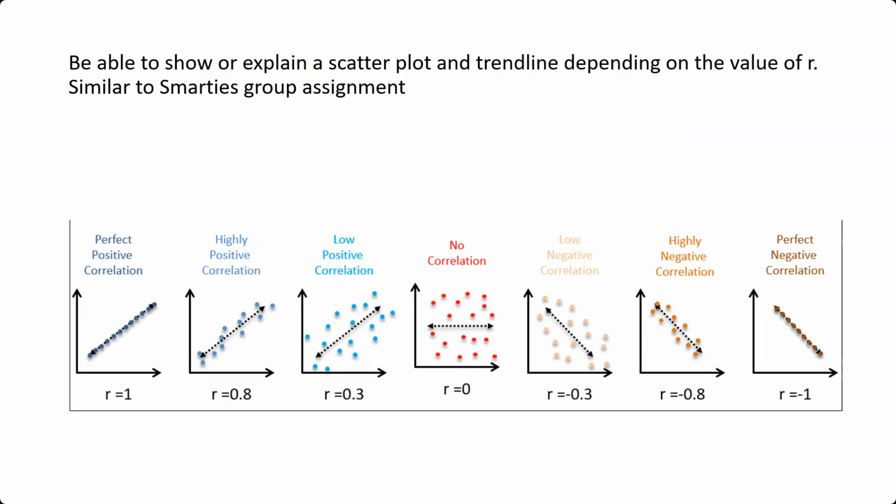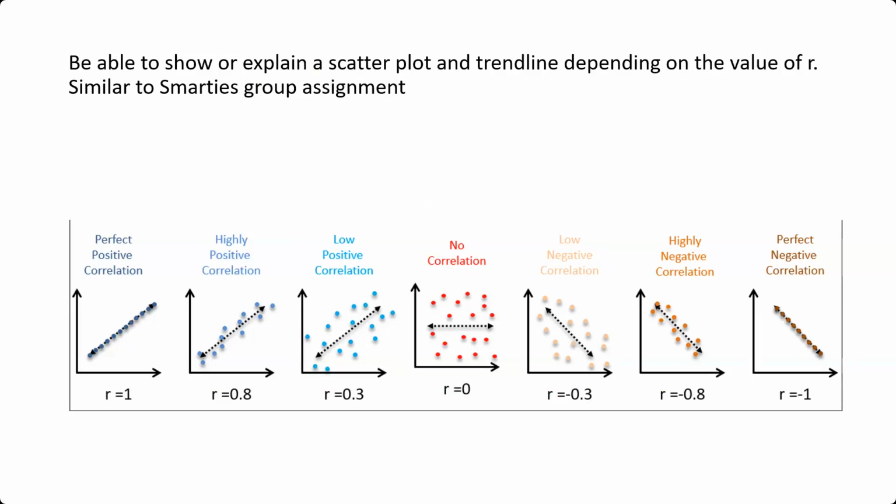Be able to show or explain a scatter plot and trend line depending on the R value, similar to the Smarties homework or group assignment. If R equals 1, all the points are on the line. And because it's positive, the line is increasing.